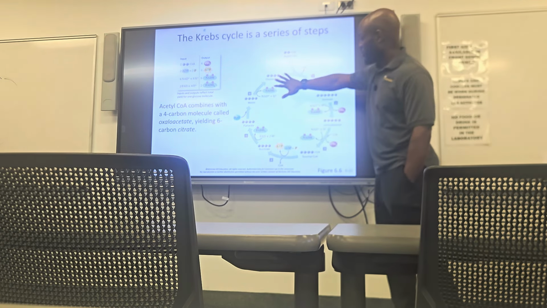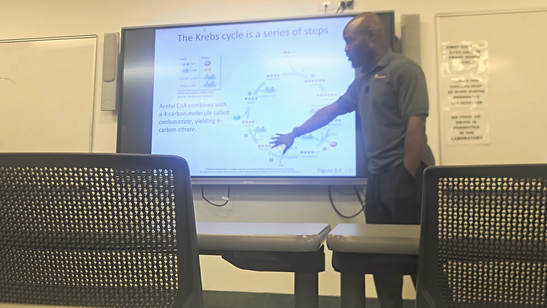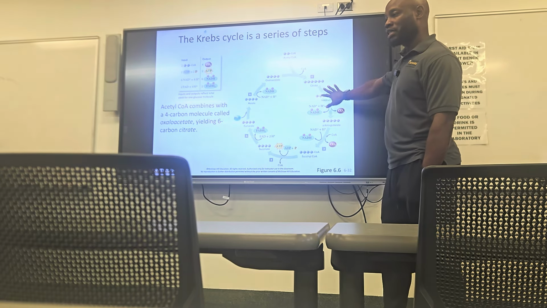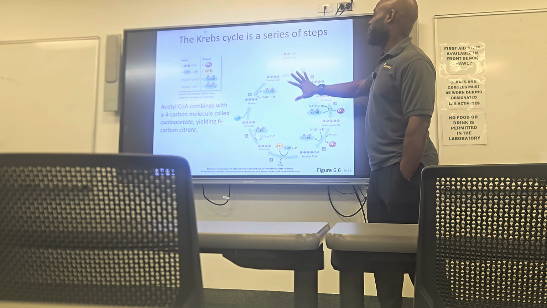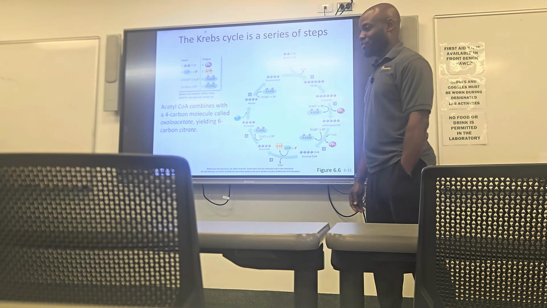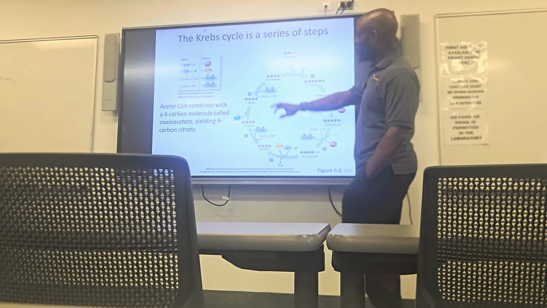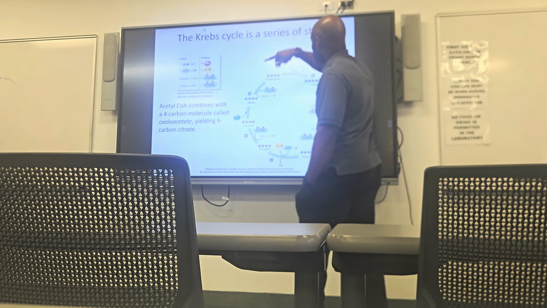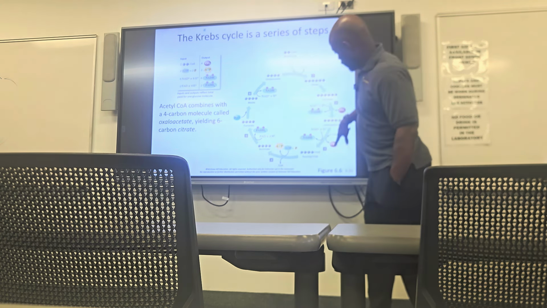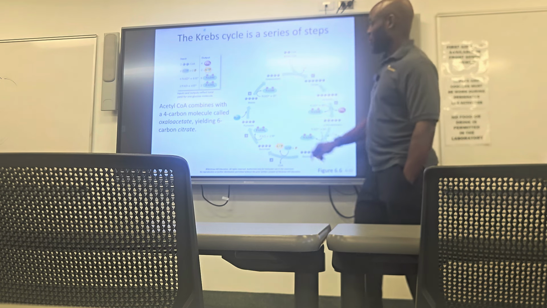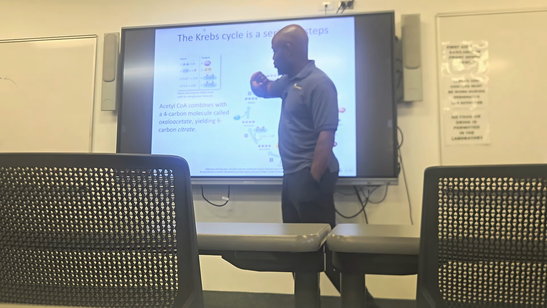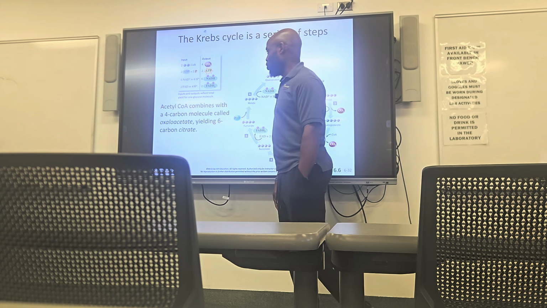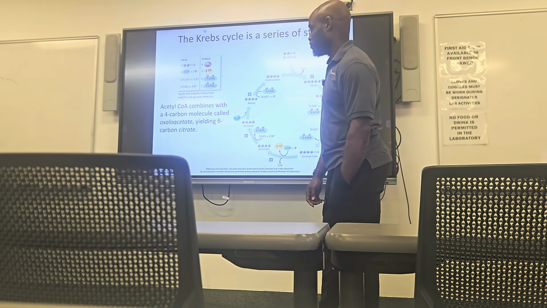Like I said, you don't need to know the whole process. But you need to understand that this process happens, and that we go from glucose to pyruvate to acetyl-CoA through this process called the Krebs cycle, and we produce 2 more ATP and we produce some carbon dioxide.